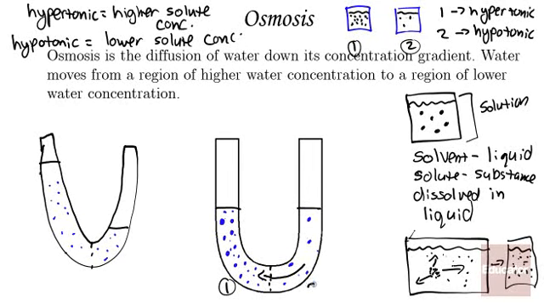Side 2 was relatively hypotonic. Now, once the water is done diffusing across and it's equalized the solute concentration on both sides, where you're going to end up is a situation where the two sides are isotonic. This means they have the same solute concentration.